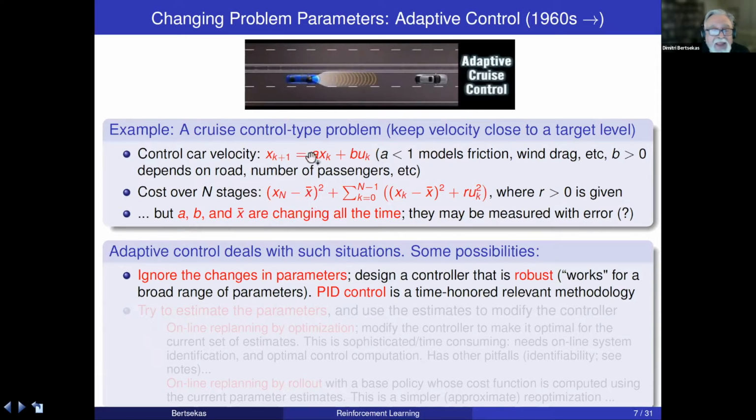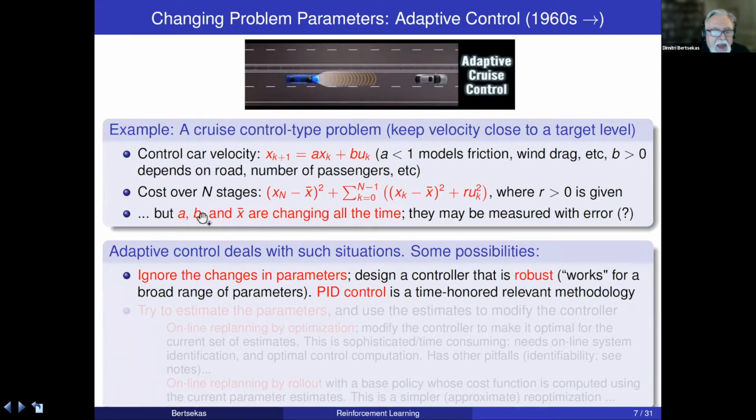Moreover, in adaptive versions of this problem, there are other cars on the road. So if you get too close to another car, you want to set the target lower, okay? And perhaps there is radar to measure the distance. Perhaps there is radar to also estimate the velocity of the cars ahead. And there are algorithms to change this x bar.